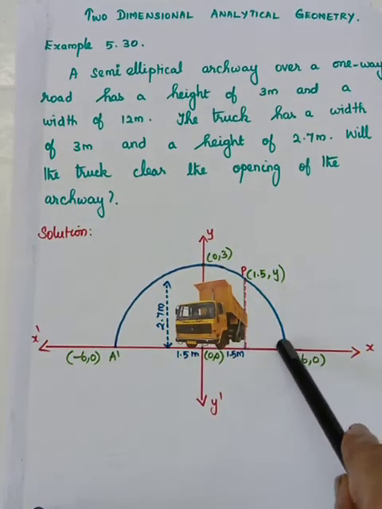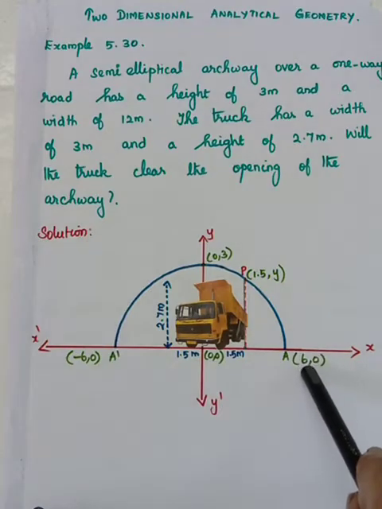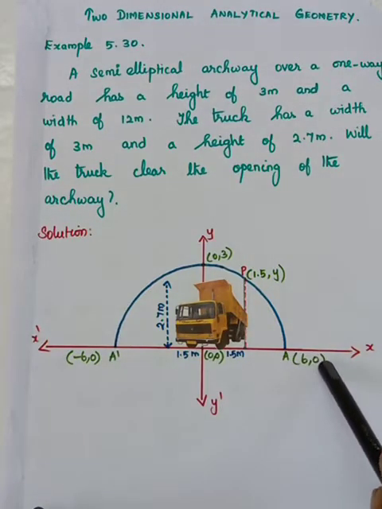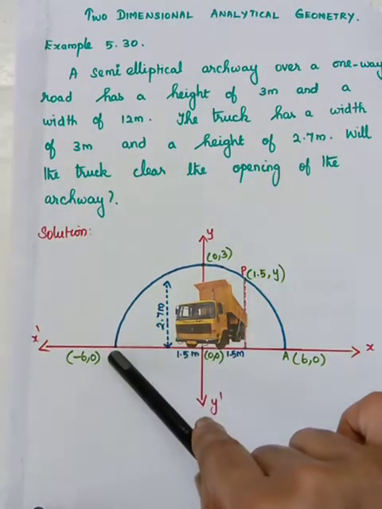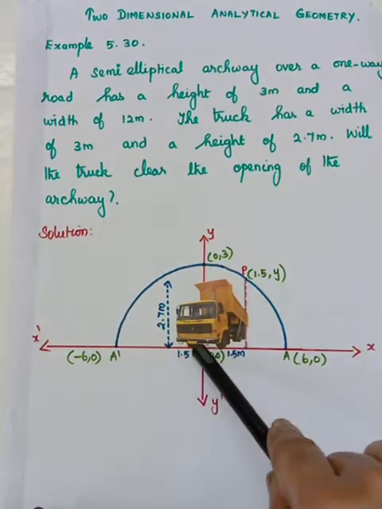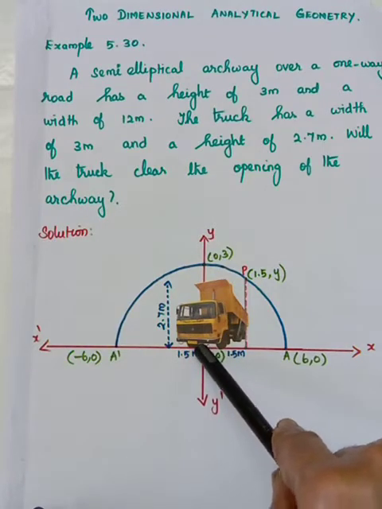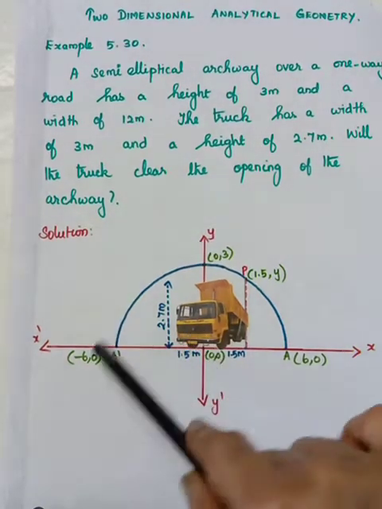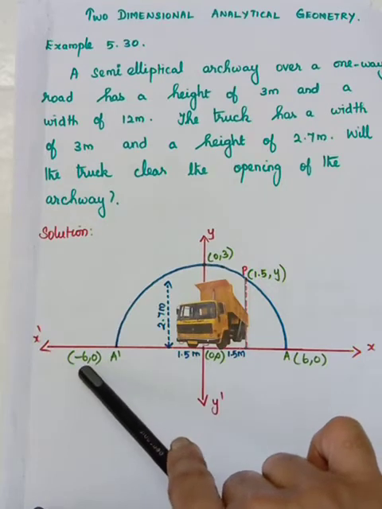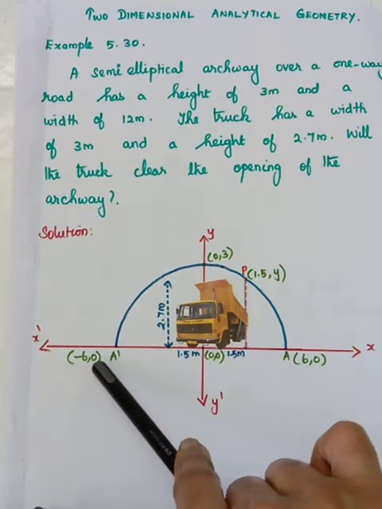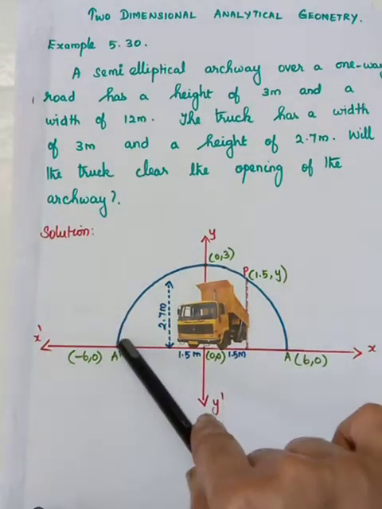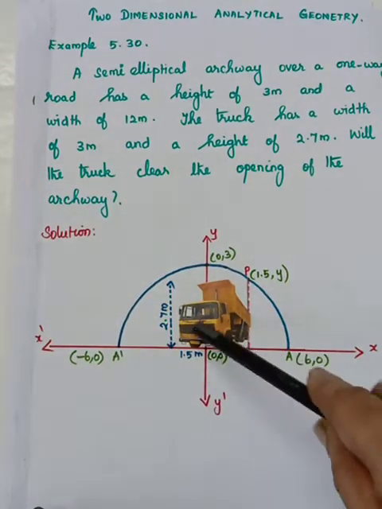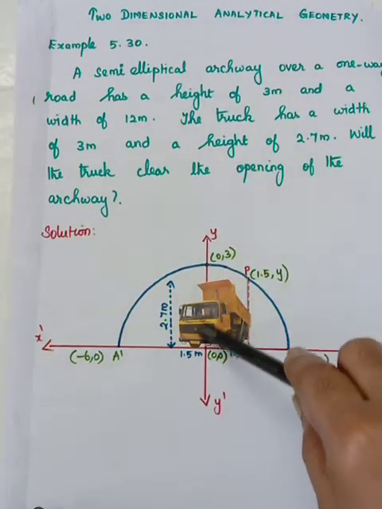This A is on the right side of the x-axis, so this point A is 6, 0. In the same way, from the center to the point A dash, the distance is also 6 meter. A dash is on the left side of the x-axis, whose coordinate is minus 6, 0. So the elliptical archway has a width of 12 meter and height of 3 meter.